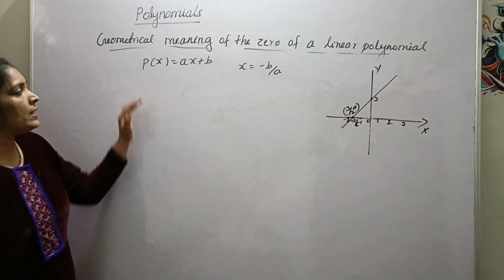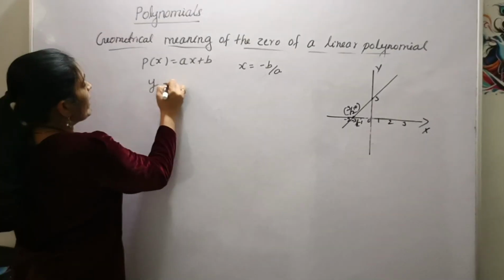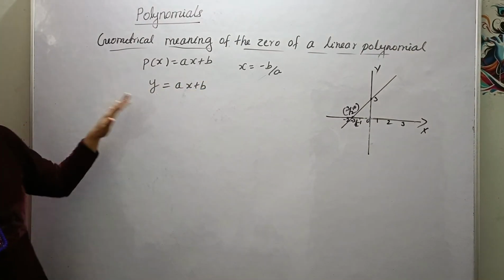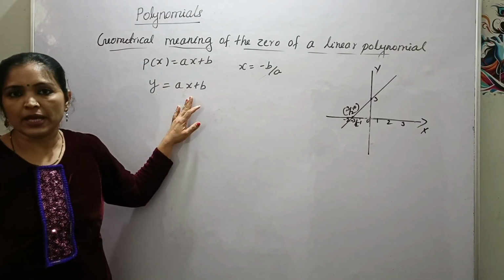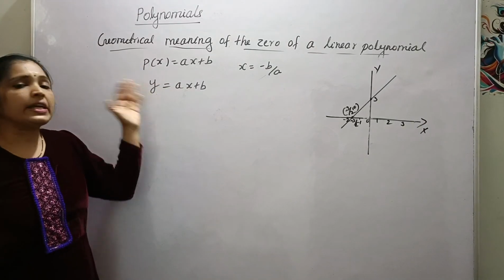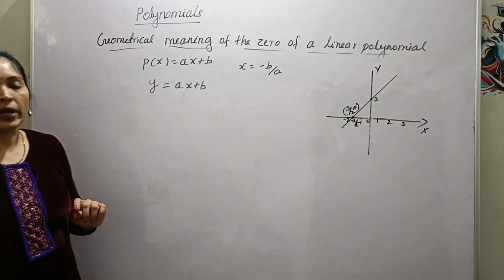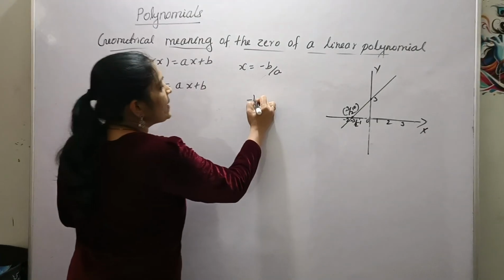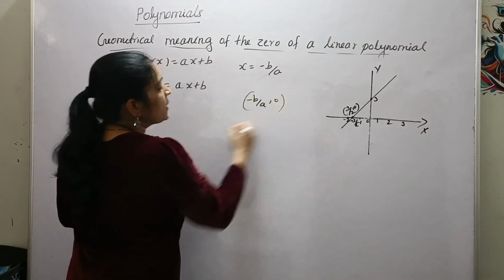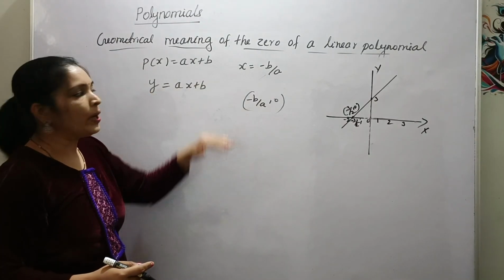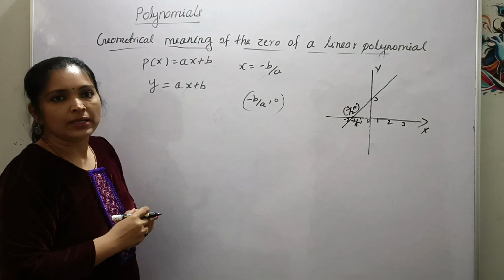of this polynomial. And this polynomial can be written as y is equal to ax plus b. We know that the graph of y is equal to ax plus b is a straight line which intersects the x-axis at exactly one point. That point is minus b by a, 0. Why? Substitute y is equal to 0 and you will get x is equal to minus b by a. So it is a point on the x-axis.